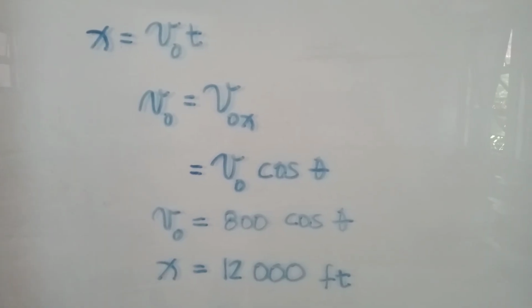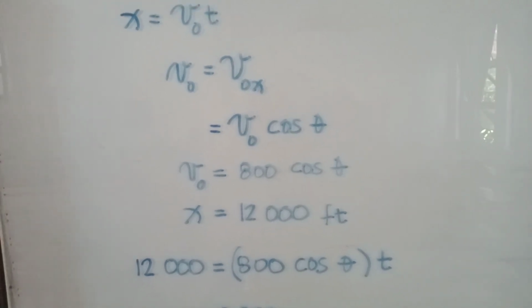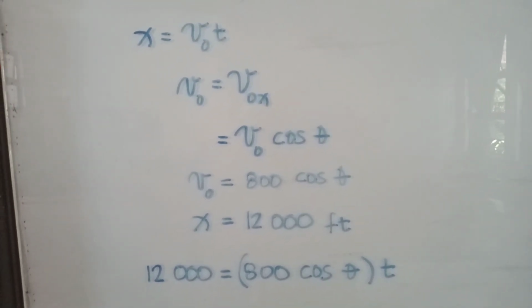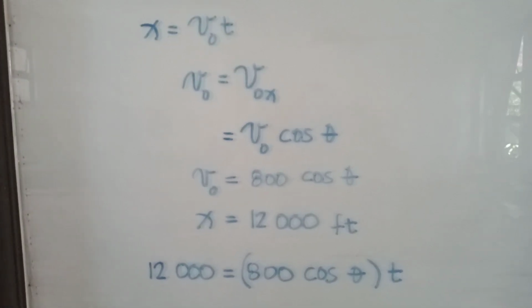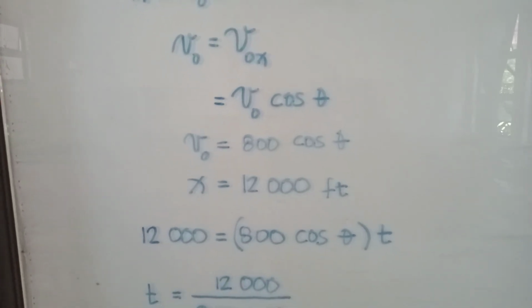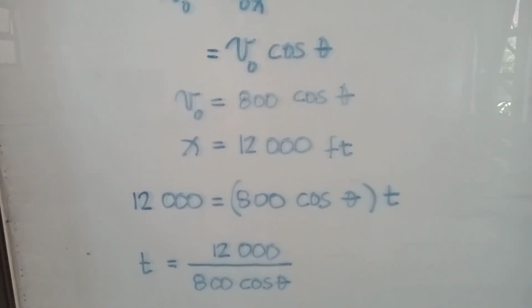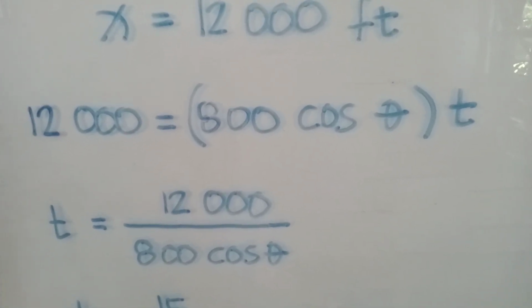Substituting all these known values to our formula, we will come up with 12,000 equal to the product of 800, the cosine of theta, and of course, the time. Simplifying, you can see clearly that there will be two unknowns in just one equation.